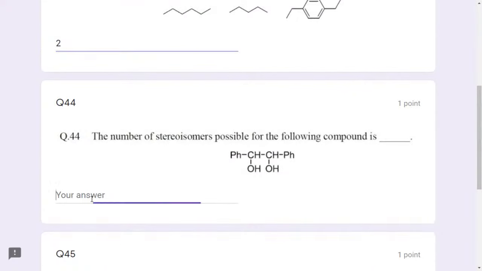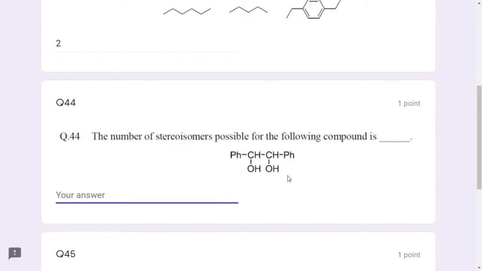Next, the number of stereoisomers possible for the following compound is, since it is having only OH and OH diol and it is symmetric, if you remember tartaric acid, how many isomers are going to be formed in tartaric acid? Yes, 3.